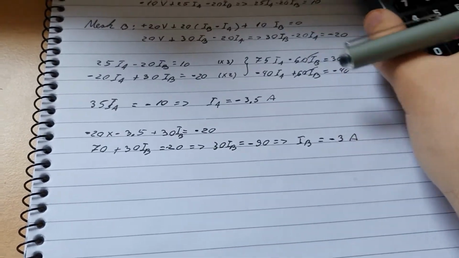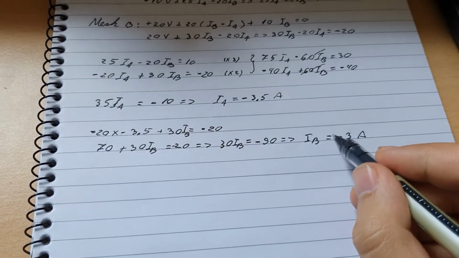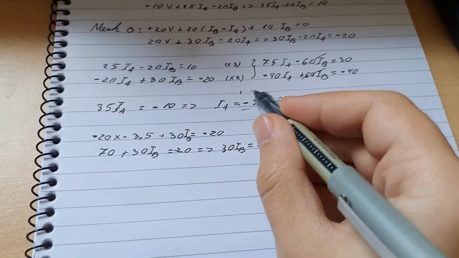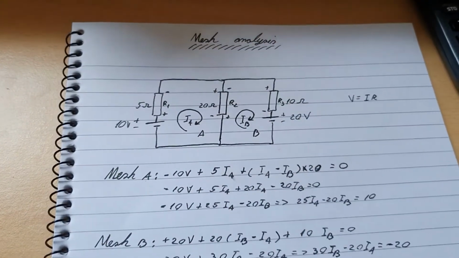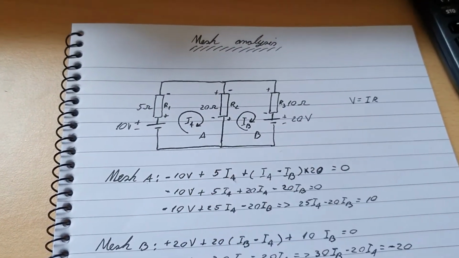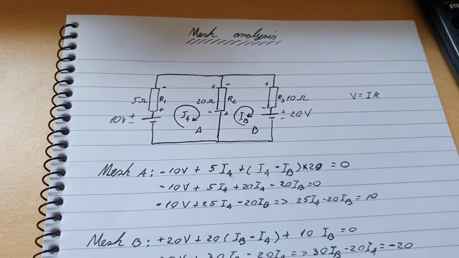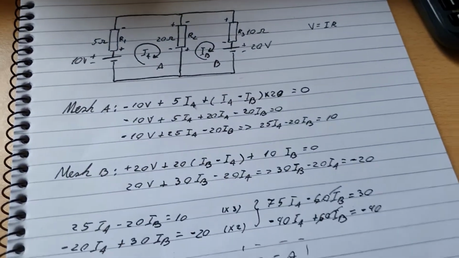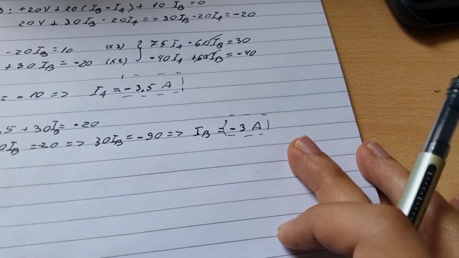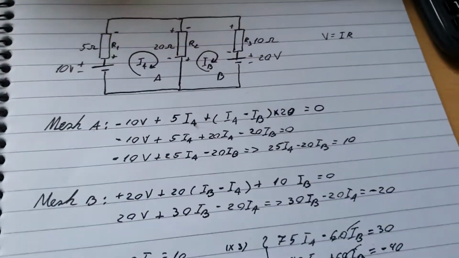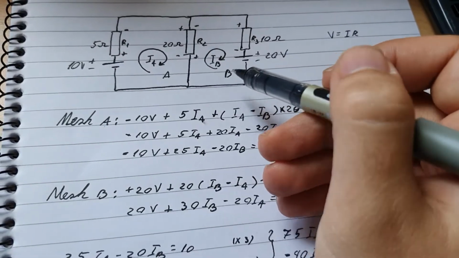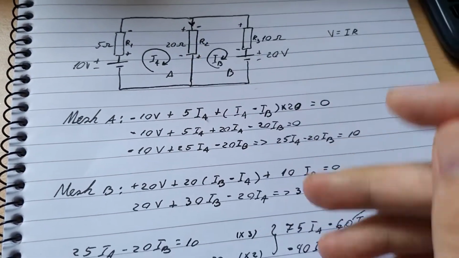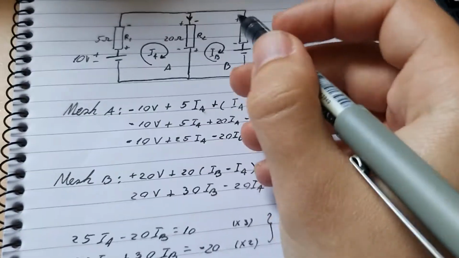This is interesting. So the values we get aren't so bad, but they are negative values. Maybe it's because I used clockwise. Maybe if I used anti-clockwise, then the values would be different. Anyway, so these are the two currents inside the circuit, which is IA and IB, and then we can determine the value of this current here if we add them together.